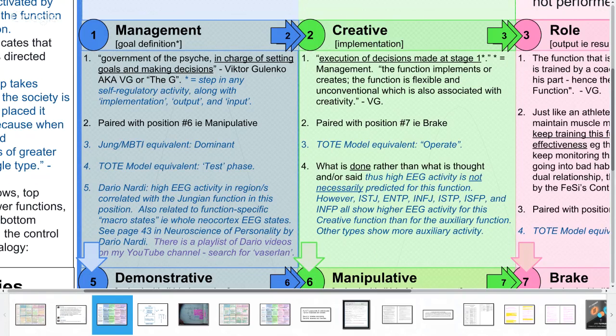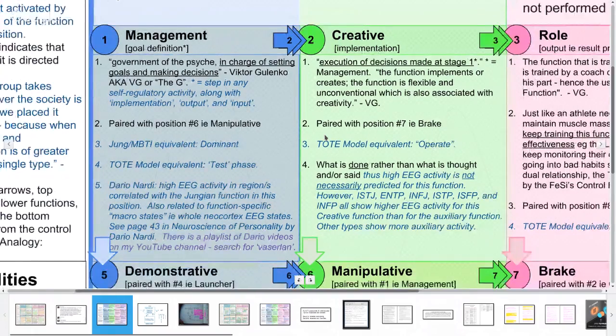ESFJs can use extroverted sensing for emotional pressure. ENTJs can use extroverted intuition to take risks in the market, to see gaps and opportunities. ENTPs can use extroverted thinking to apply themselves and become the inventor. Same with ESTPs, who can use extroverted thinking. So it's a very powerful function that is used in the service of the lead function.